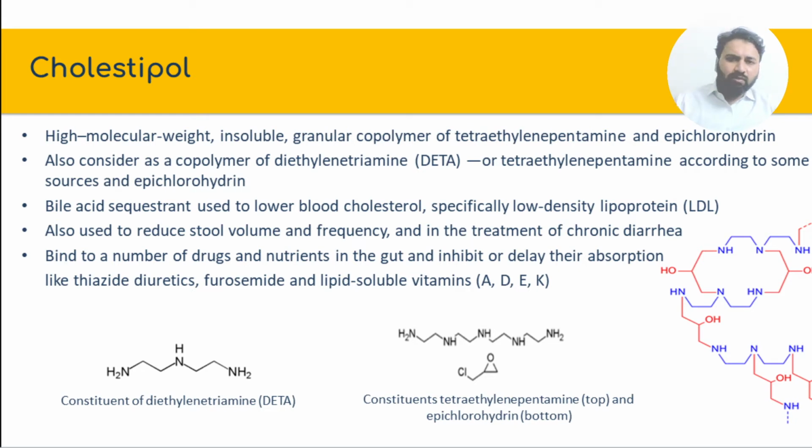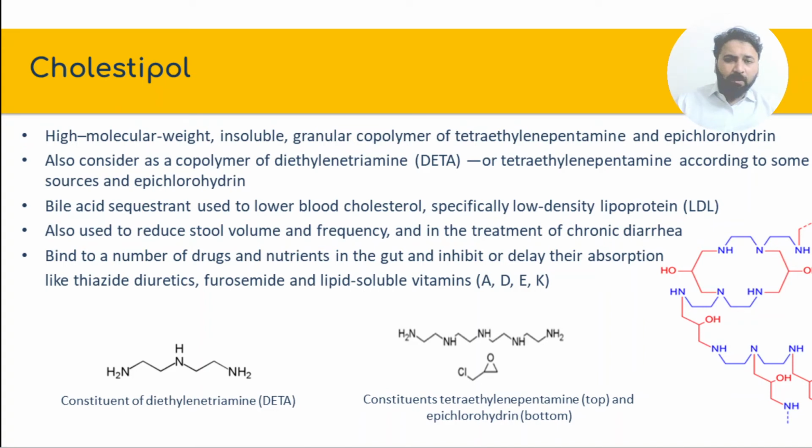In the same class of these sequestering agents, colesevelam is one of the very important macromolecules, and it is one of the more recent additions to the class of bile acid sequestering agents. Its structure is very novel, and it appears similar to the previous ones, cholestyramine and Cholestipol.